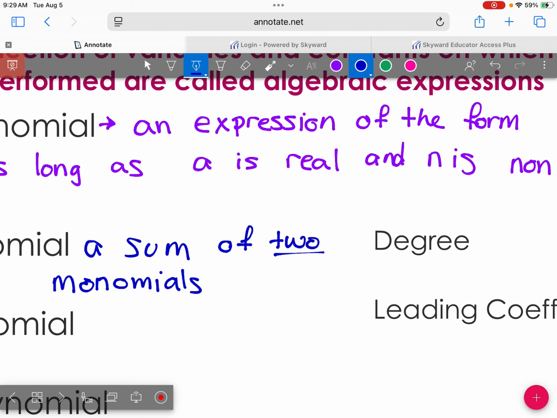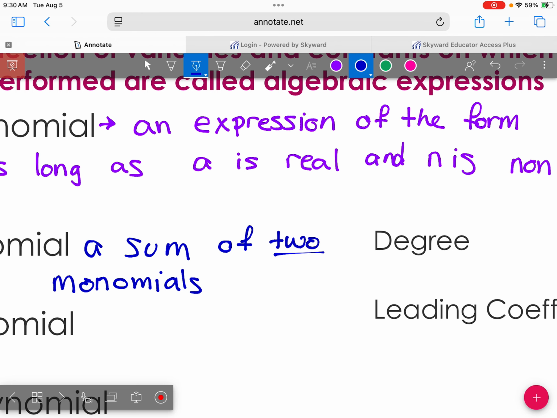So a binomial is made of 2 monomials. X squared plus 4. Y squared plus x squared. 3x squared plus 4y cubed. Those would all count as binomials. They can have addition or subtraction.